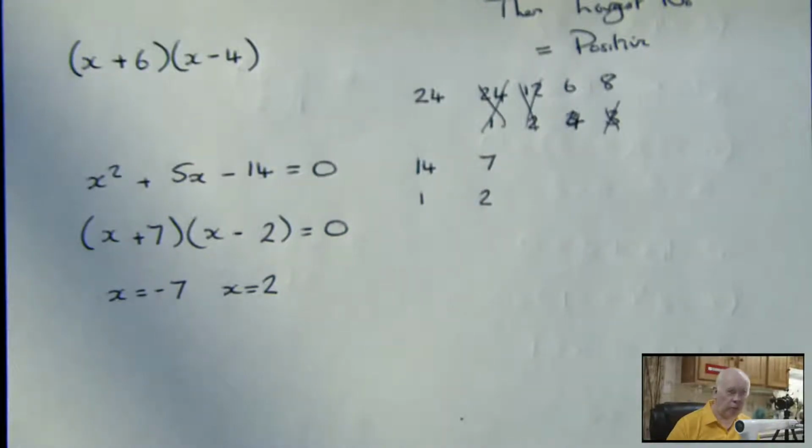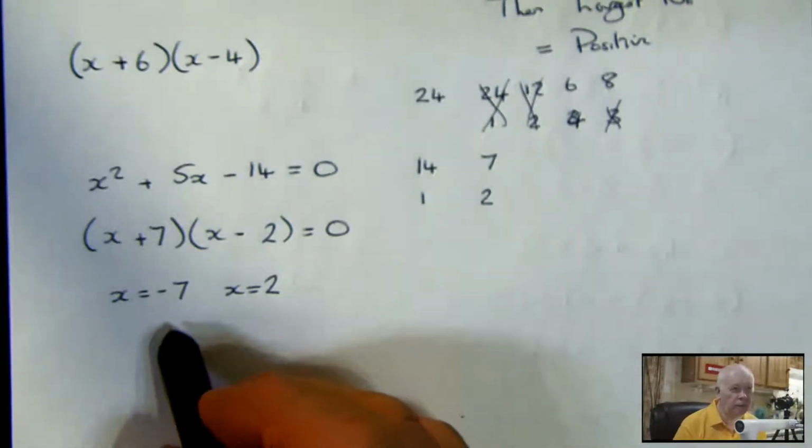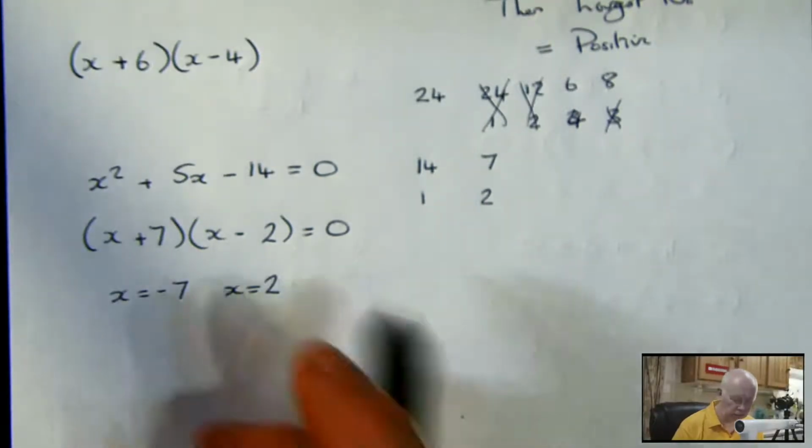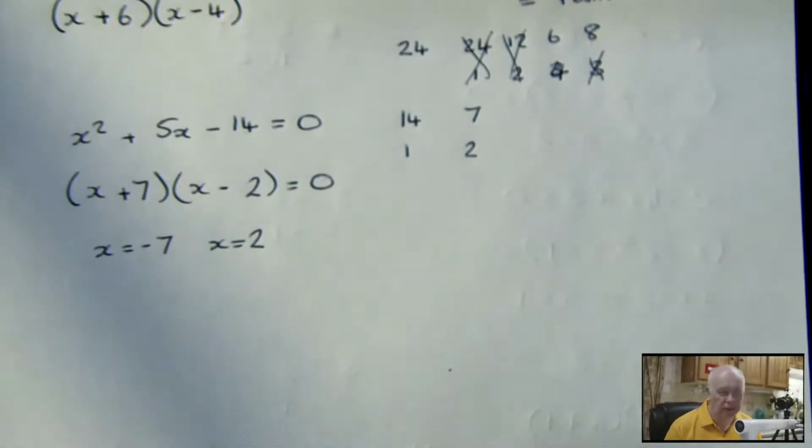Well, we've done all right so far, but they can make our lives more difficult. And we can make our lives slightly more difficult if we get something a little bit nastier. And here, let's just make something a little bit nastier to try and solve.